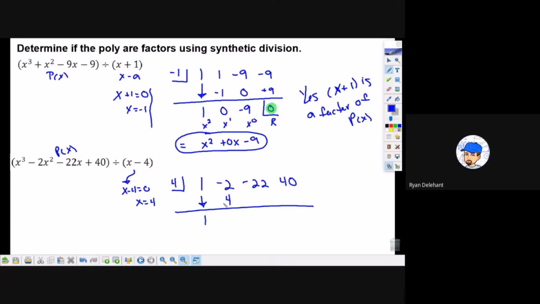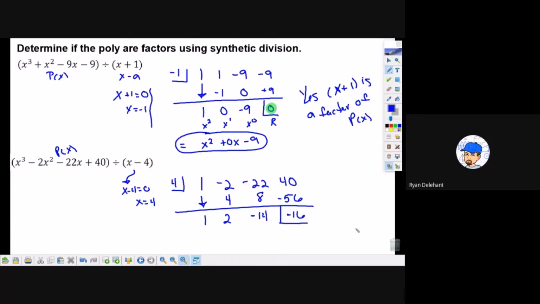Now you got to add those two things. Negative 2 plus 4 is positive 2. 2 times 4 is 8. Add, negative 14. Negative 14 times 4, 56, and it's negative, right? And then when we add these, we get negative 16. And we run out of space, so we're done.